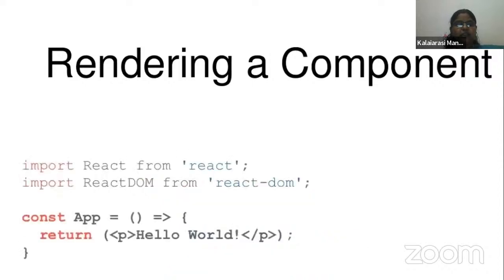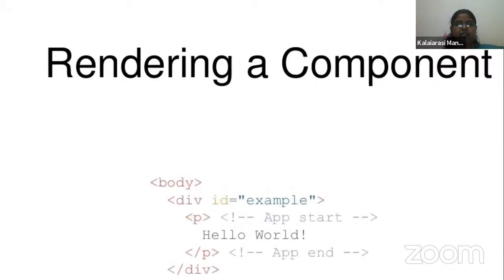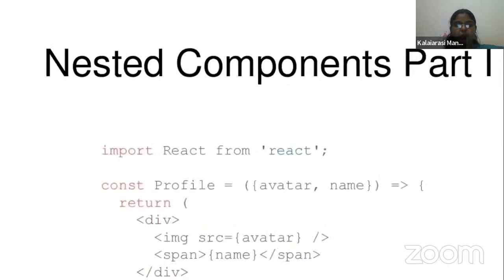So here we have p tag hello world, that is the return. You can check how there are different ways to render a component. Nested components also. Within a component, you can again create your own state and then present. Here you have your profile and inside that you have your avatar. And that avatar you can represent, and the name also you can take from it.